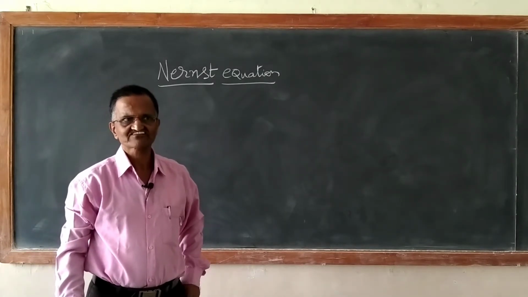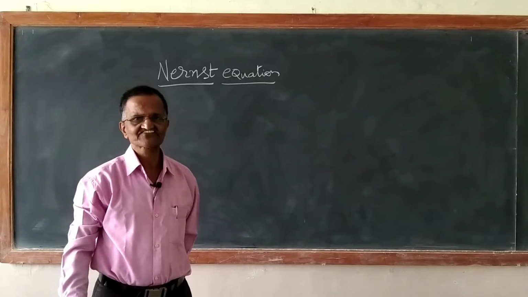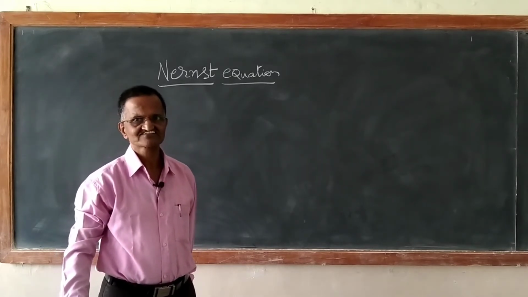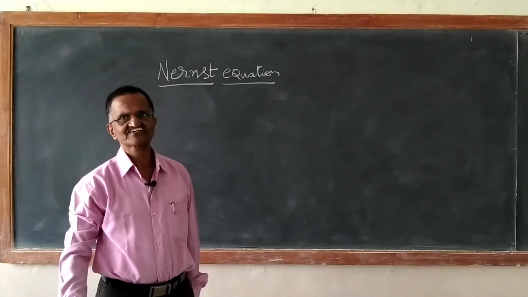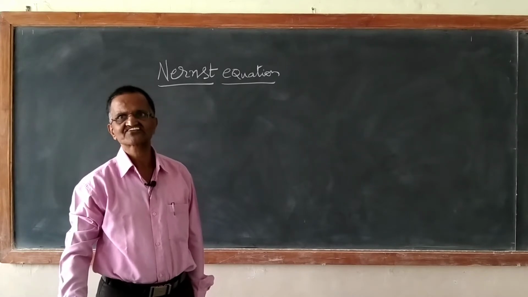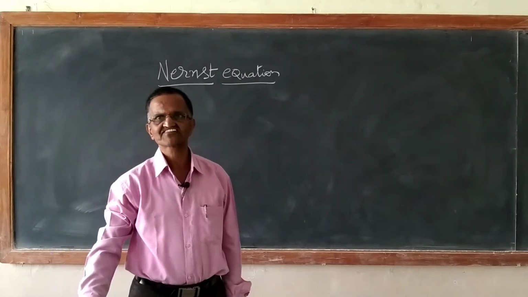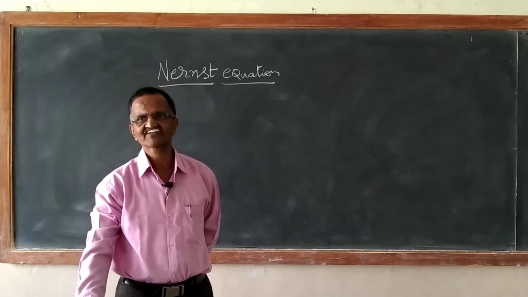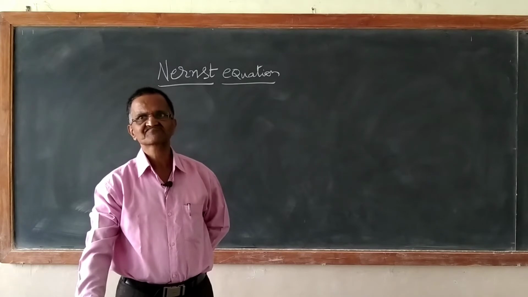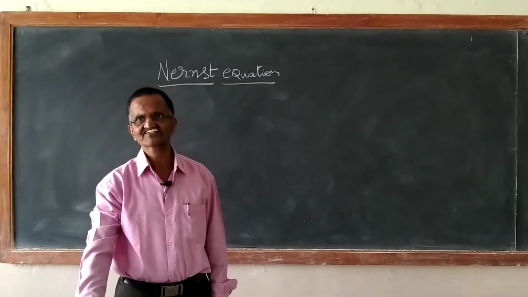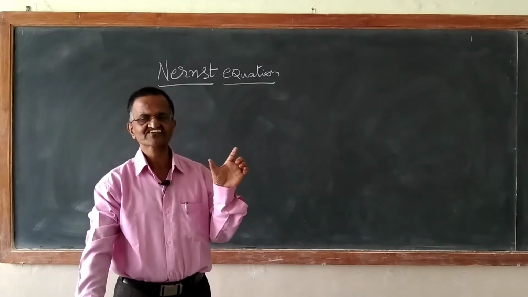E cell, when concentrations are not equal in both the half cells, if concentrations are different, how the EMF varies. For that, E cell equals E naught cell minus 0.059 divided by n log of the concentration of the electrolyte in the left half cell divided by the concentration of the electrolyte in the right half cell. That is the simplified version that we had.